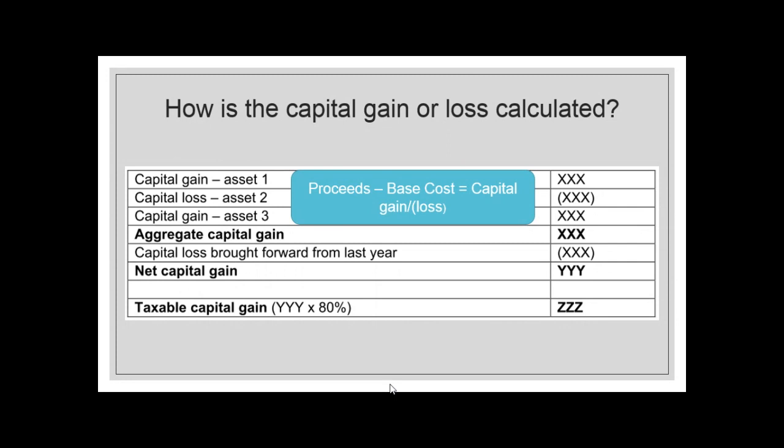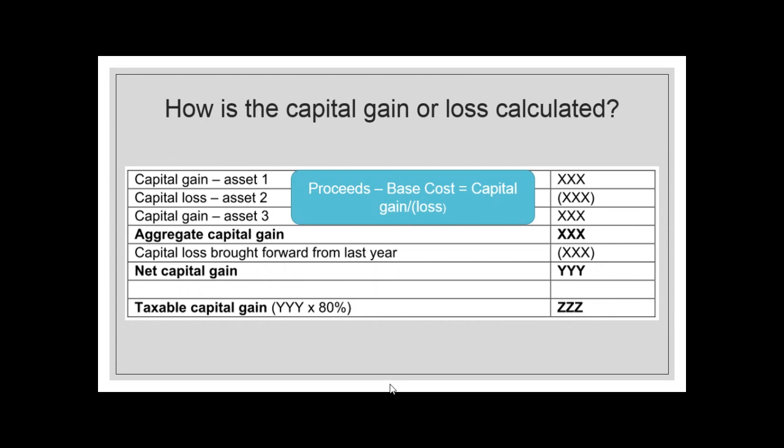So what aggregated means is we add all of them together. All of the gains and all of the losses are added together. So based on the values we've got here, we made an overall gain of 25,000.